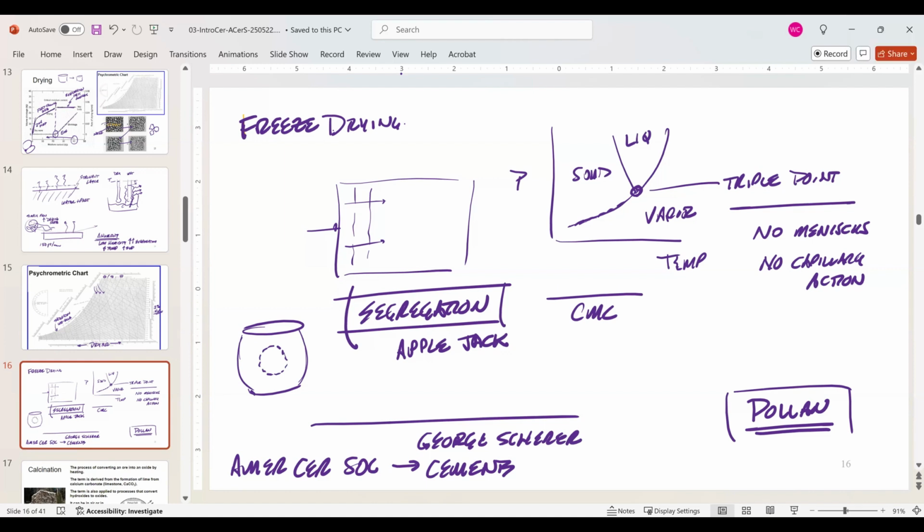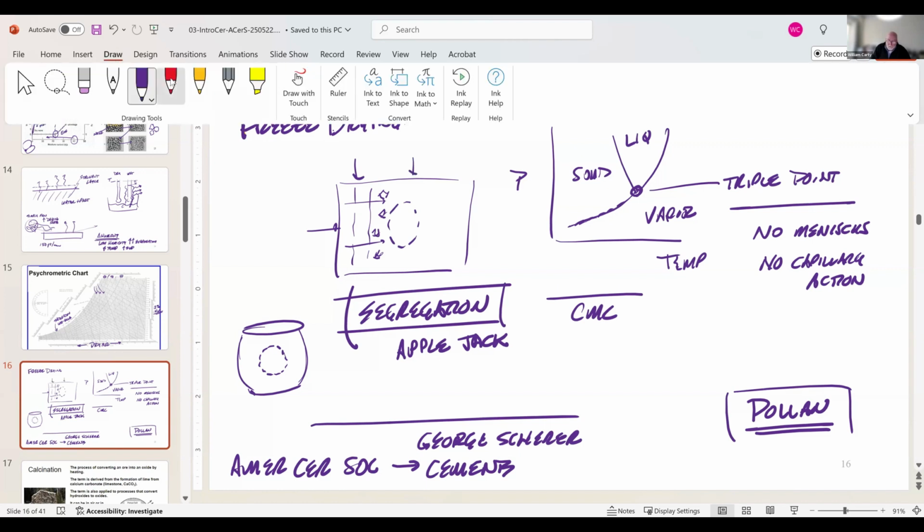When you freeze this system, if it's not done properly, you will push any dissolved salts in the system away from that freezing front. The salt crystals move with this freezing front and nucleate, and you'll end up with all your salt probably concentrated in the middle of your piece, assuming you're freezing from all sides.